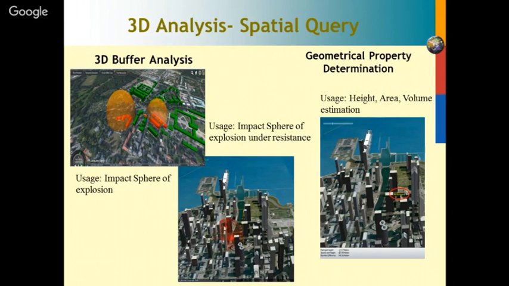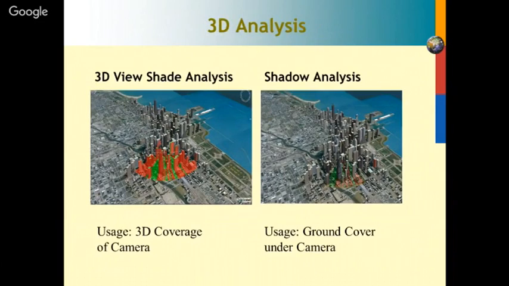Let's say as an administrator or maybe an owner of a particular building, we need to estimate what the cost may be if we repaint the whole wall. In that case, we need an area estimate, and based on that, again, we can do a cost estimation. In the same way, there's area estimation, volume estimation, and per capita requirement. Such requirements can be fulfilled using 3D spatial analysis and queries.